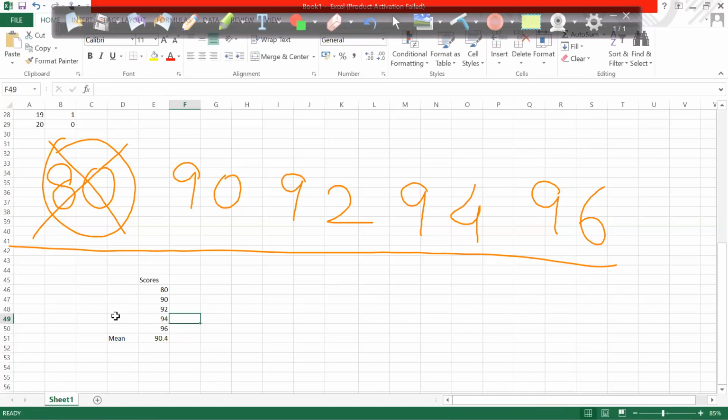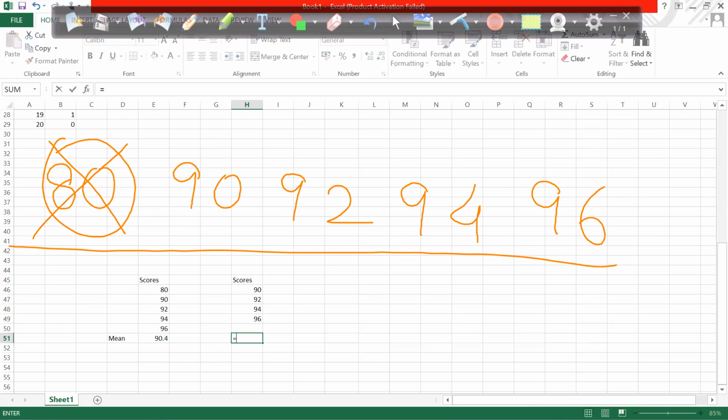But after that, we got to know that Monali's 80 runs were scored by cheating, right? It was not 80, and we removed her from the match. And obviously, when we are removing her from the match, we have to remove her score as well. So now the new list of scores is 90, 92, 94, 96.